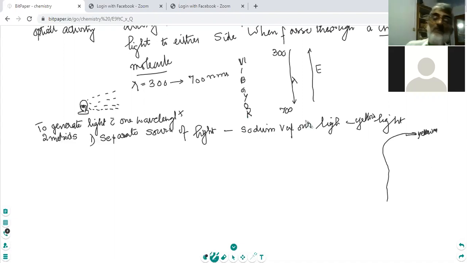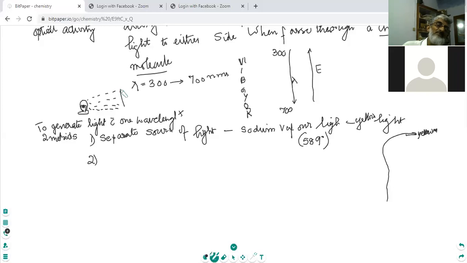The wavelength of sodium vapor lamp is 589 nanometers. Most of the measurements of optical activity, we use this light source as a source of monochromatic light.